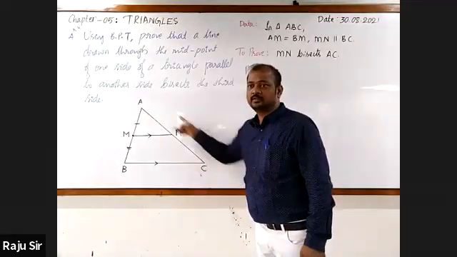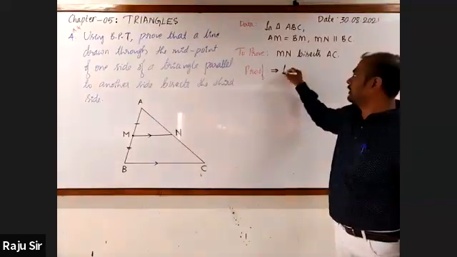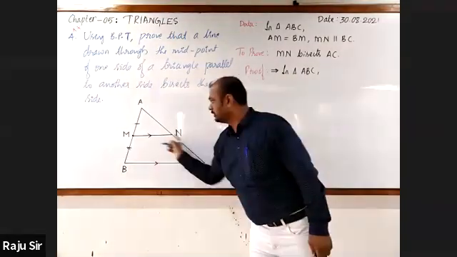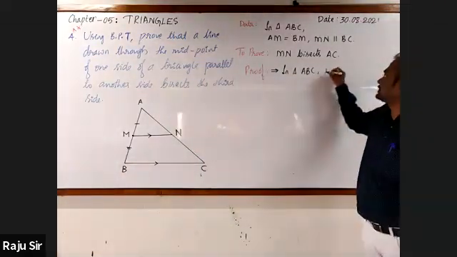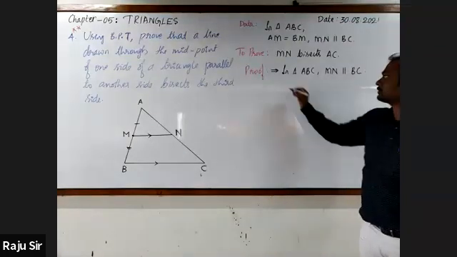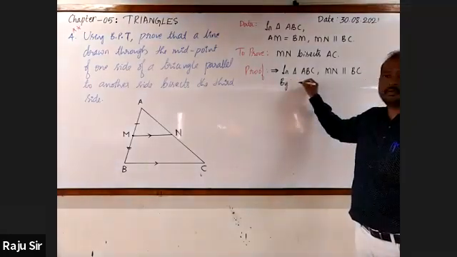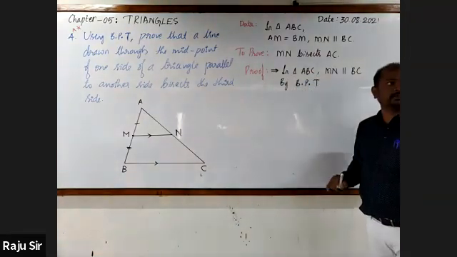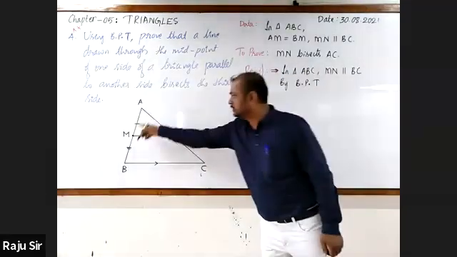In triangle ABC, MN is parallel to BC. Now, by the basic proportionality theorem, how do you write?